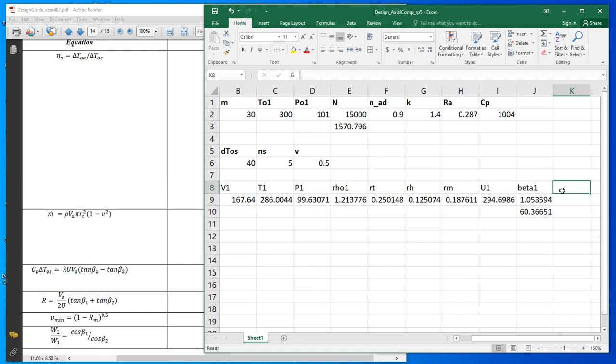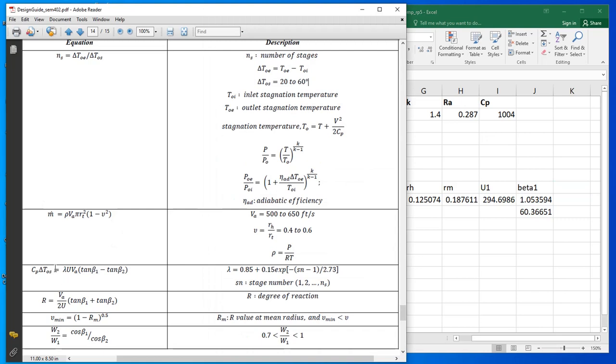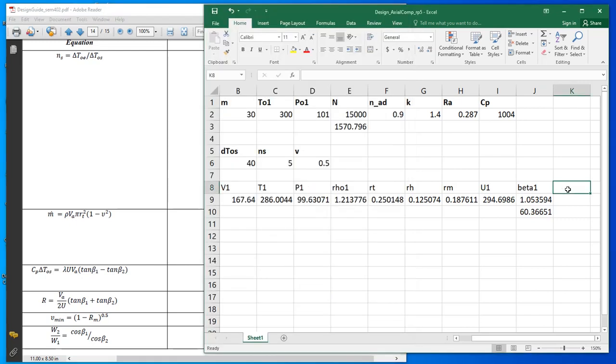So let's go to our formula for tan beta 2. Cp delta TOS equal to lambda UVA tan beta 1 minus tan of beta 2. So we rearrange the terms and we can get our beta 2.